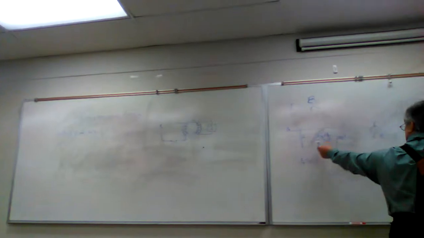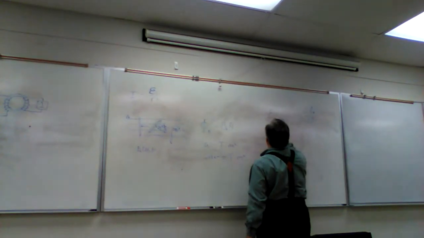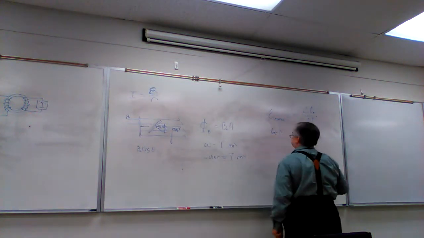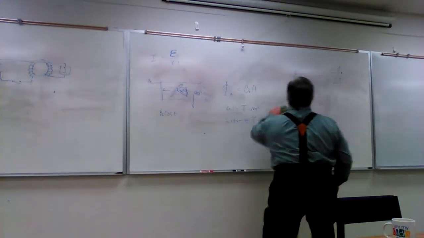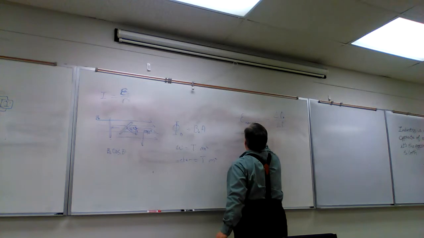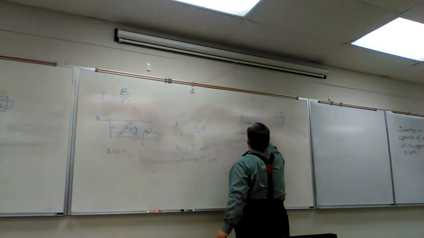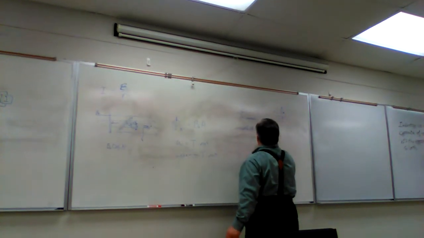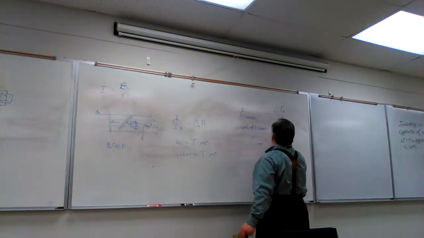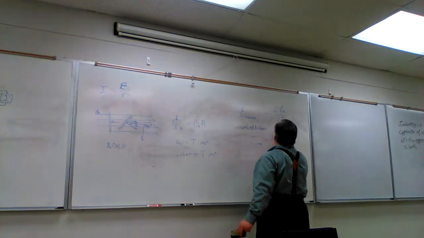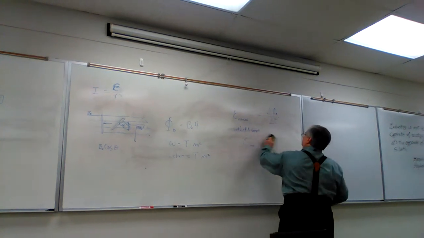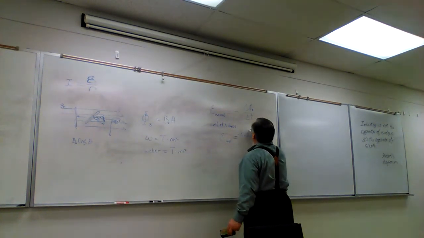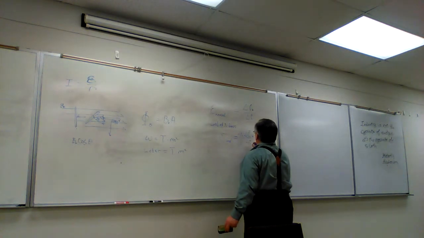So in other words, if this area here, instead of just being an imaginary area, was a coil of N loops, then the induced EMF would equal minus N times the change in flux per change in time.